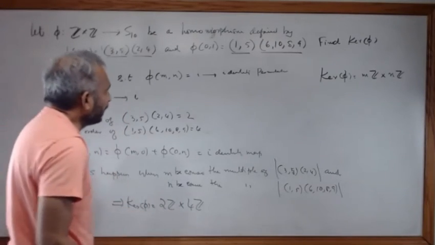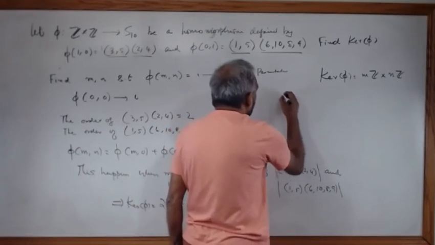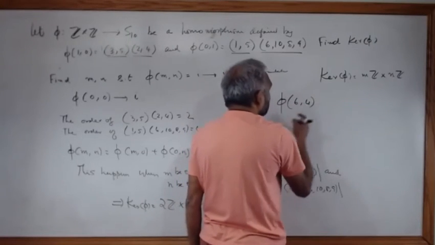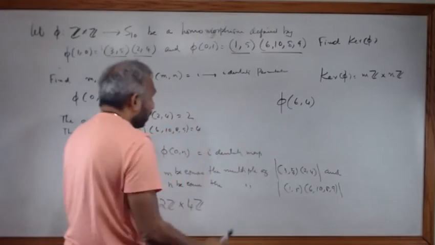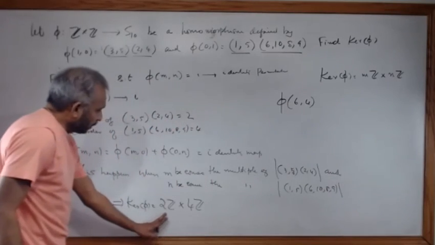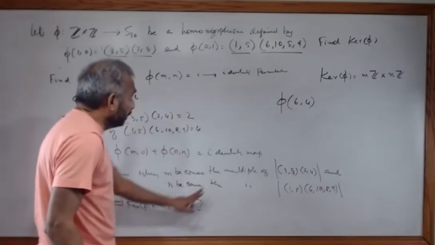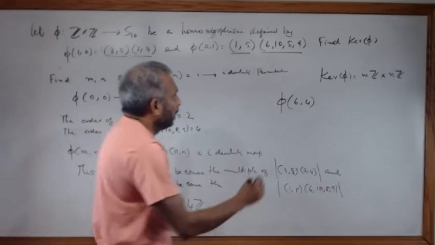If you want to verify this, we'll take an element phi of (6, 4). This should be equal to the identity map, because 6 belongs to 2C and 4 belongs to 4C, so this should map to the identity map.